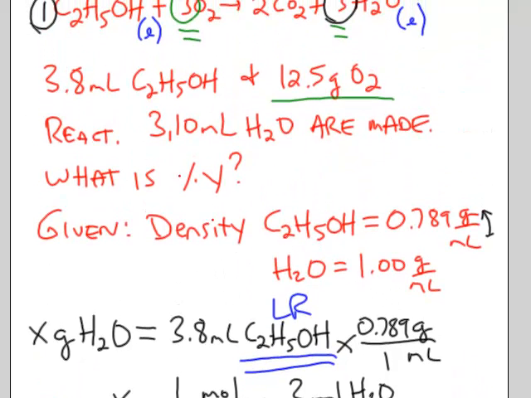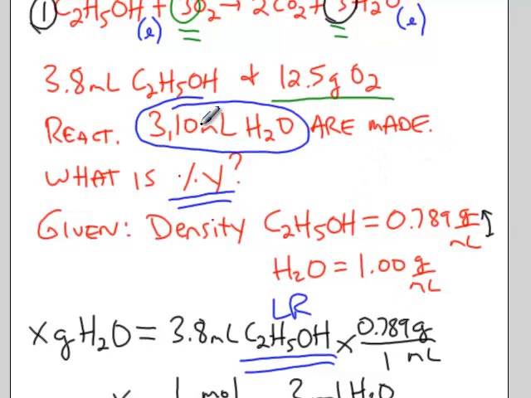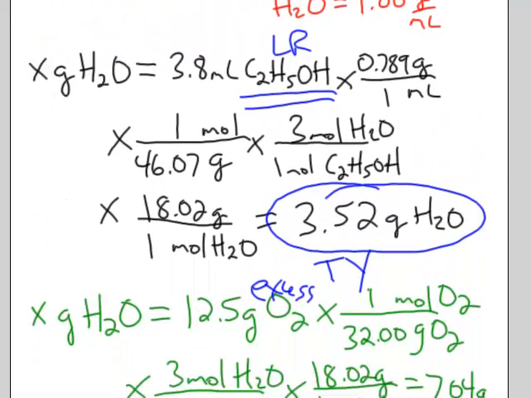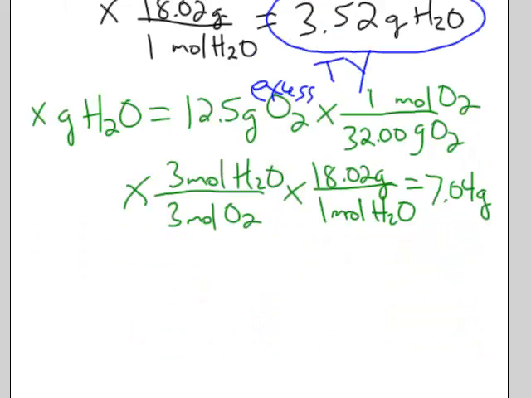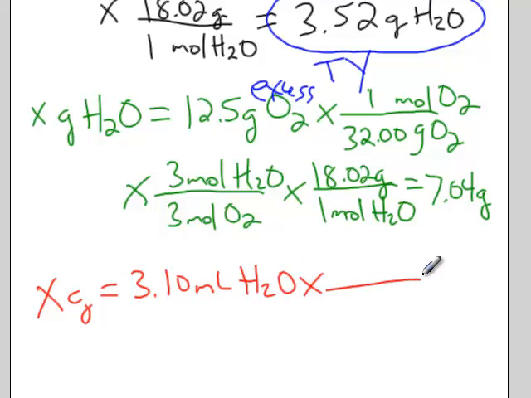And then finally, to figure out the percent yield, we were given the actual yield in terms of milliliters. Well, our theoretical yield is in grams, so we just need to convert the actual yield of 3.1 milliliters of water into grams using the density, and the density is a nice 1 gram per milliliter.